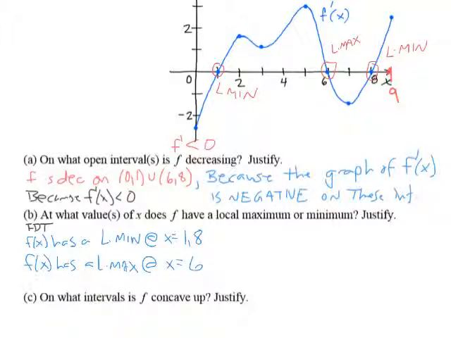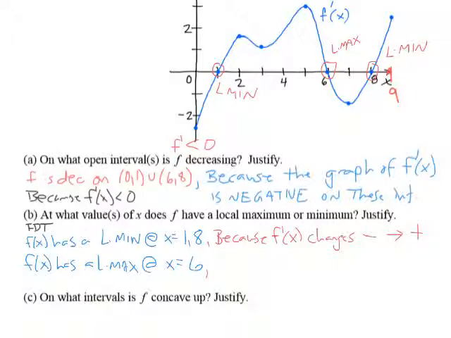And the reason for that, we always have to include a justification, is based off of the derivative, because f prime of x changes, remember minimums go from negative to positive, so it changes from negative to positive.